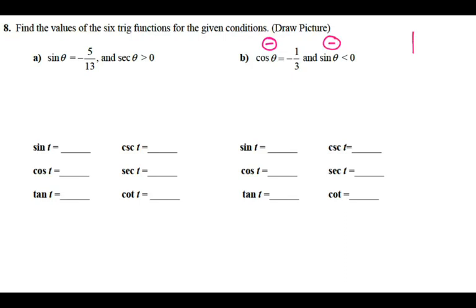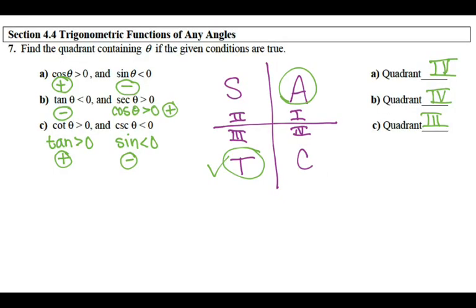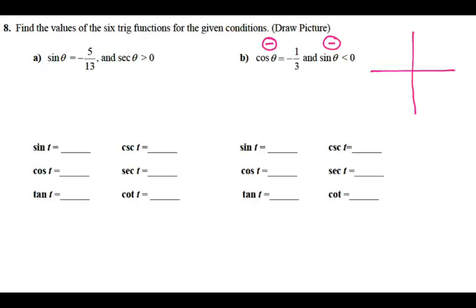So I'm going to use that to draw a triangle in the quadrant that meets those stipulations. So cosine is going to be negative in these two quadrants, but also with a negative sine, that is going to be this quadrant right here, my third quadrant. And I'm using the same idea that I had with this one, the ASTC, to figure out the quadrant that I'm in. So now I'm in quadrant 3.